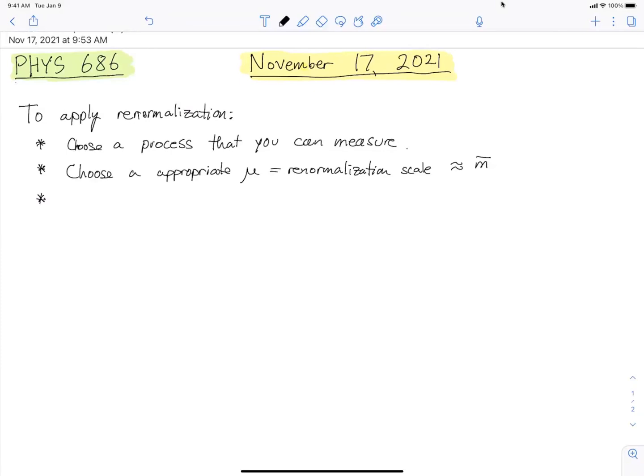So now you can fit your data from your experiment to determine g(mu) and m(mu). I'm just going to write down two parameters. There could be many more than two, but let's say there's two of them, a coupling and a mass. These are known as renormalized couplings and masses, or sometimes known as running.